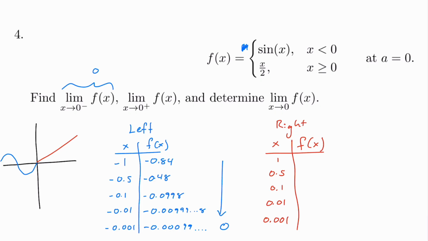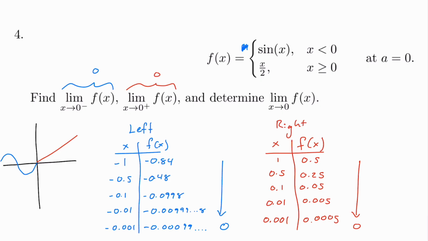We plug these in, we are going to end up with 0.5, 0.25, 0.05, 0.005, and finally 0.0005. So these are also gradually getting smaller and smaller towards 0. So I can say that our right-handed limit is equal to 0.